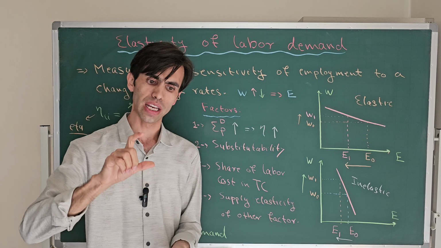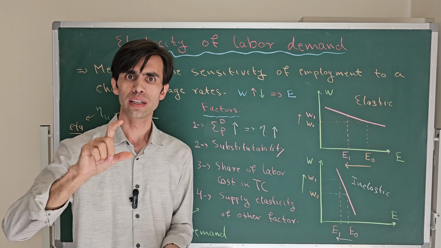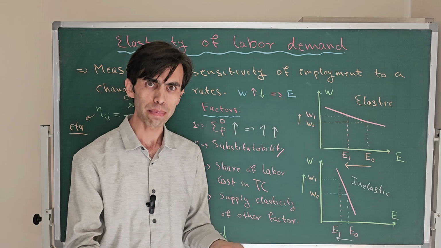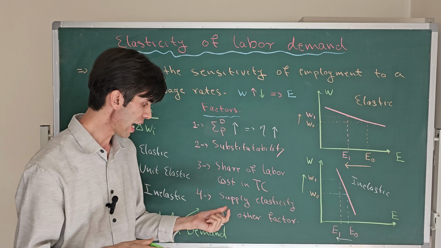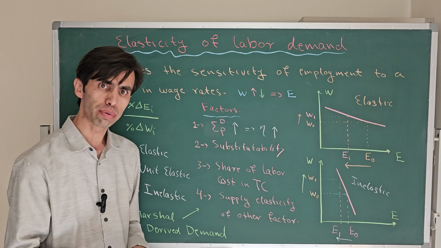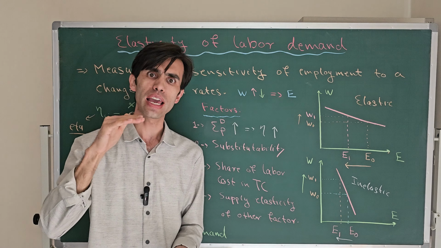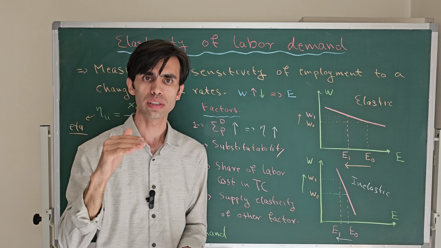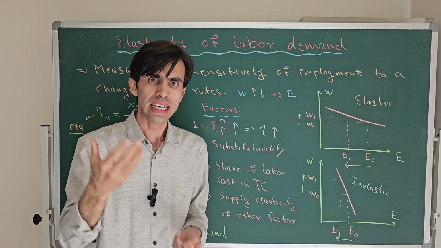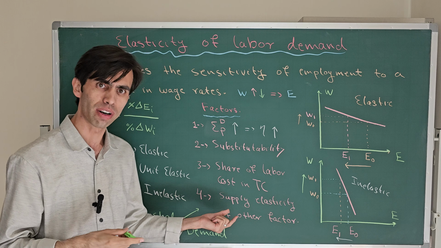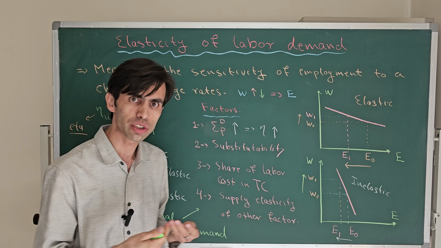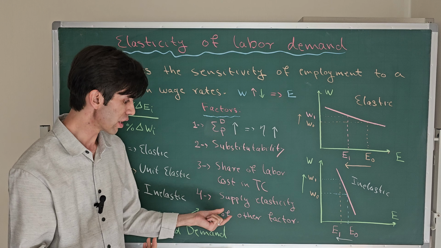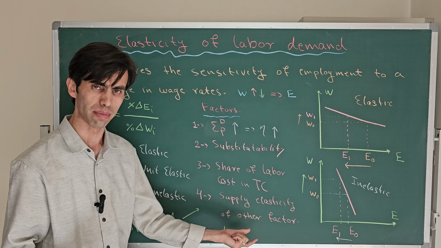But when those agents that supply capital in the market are already producing at the high capacity of their firms, then when the demand for capital increases, they cannot respond. When they cannot respond, you cannot substitute capital for labor.